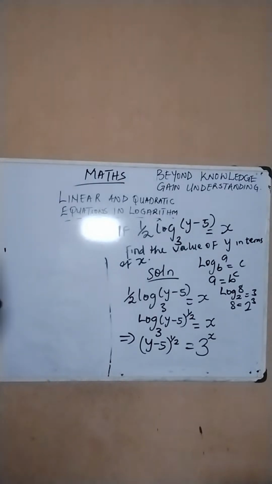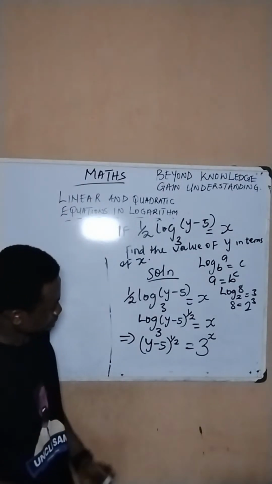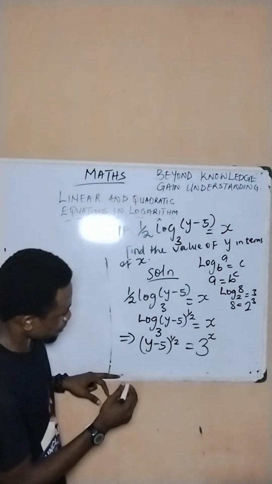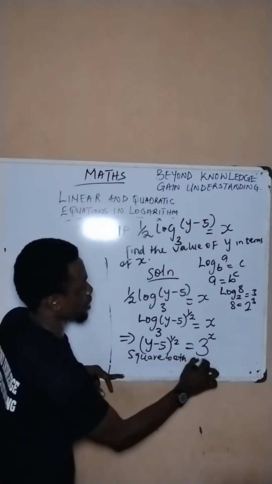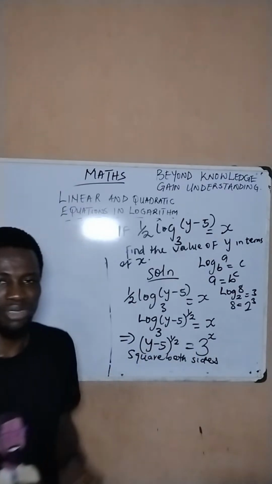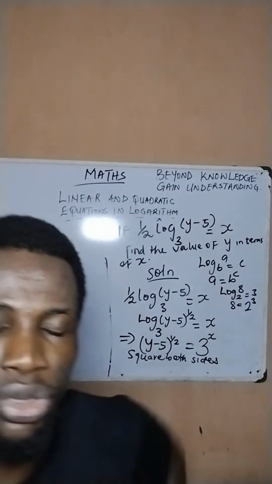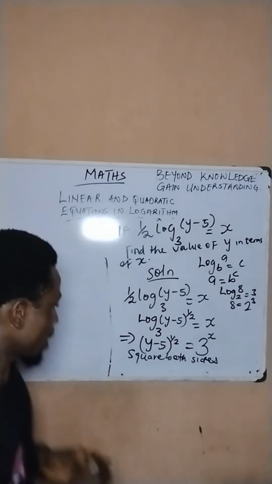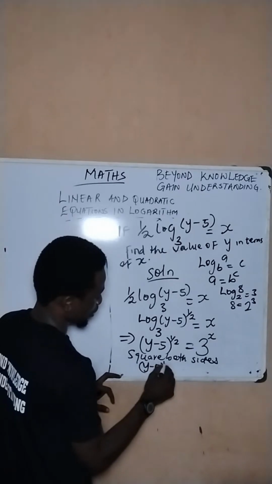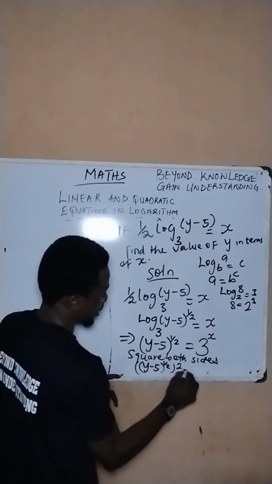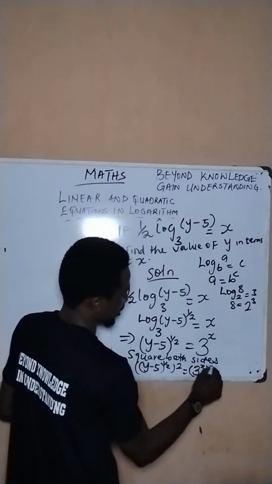So once we've gotten to this stage, what can we do? We can square both sides. Yes, square both sides, because we're looking for y, not y minus 5 raised to the power of 1/2. So if we square both sides, it's going to be y minus 5 raised to the power of 1/2, then squared, equals 3 raised to the power of x, squared.